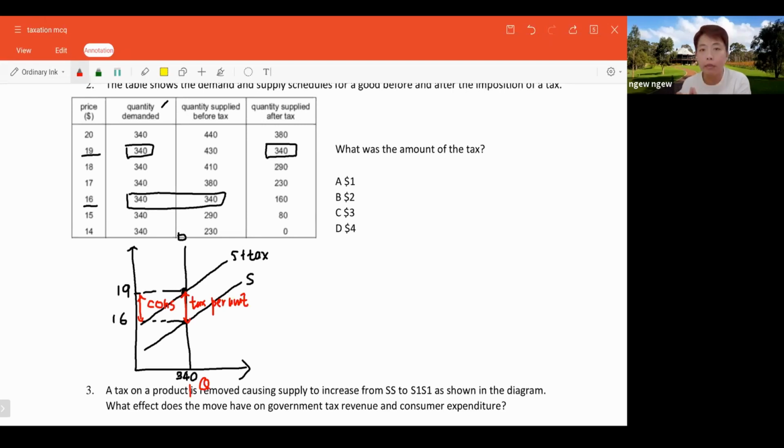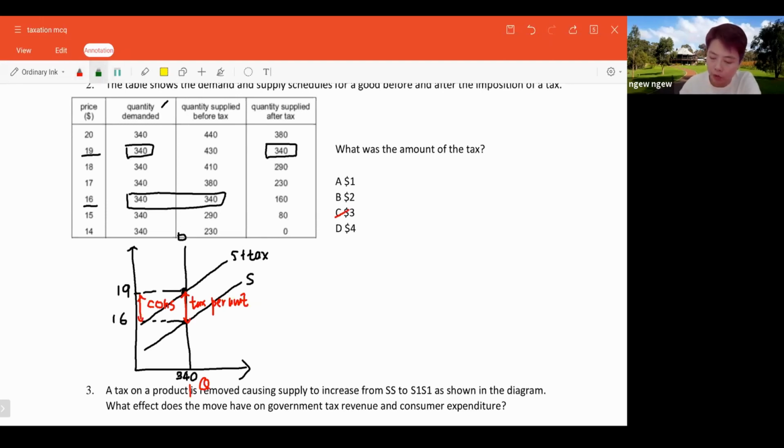Under extreme cases like perfectly elastic demand, perfectly inelastic demand, perfectly elastic supply, perfectly inelastic supply, all the tax and subsidy will fall entirely either on producers or on consumers. So bear in mind, yeah, okay?